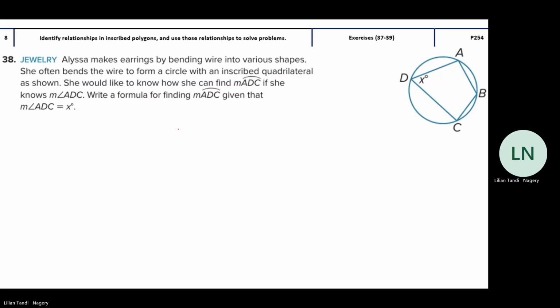This question is telling me Alisa is making earrings by bending wires into various shapes. She often bends the wire to form a circle with an inscribed quadrilateral. Quadrilateral means 4-sided shape. And what should I know? Interior angles of the 4-sided shape must add up to 360.